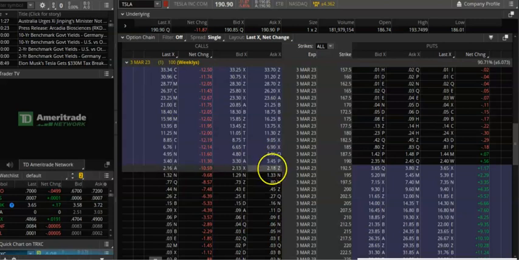If you get a $2 or $2.50 move, which is very possible, we've seen it happen in the last 5 to 10 minutes, then you can easily turn 5 cents per contract into a dollar, or $5 into $100 or $125. It's just that simple.